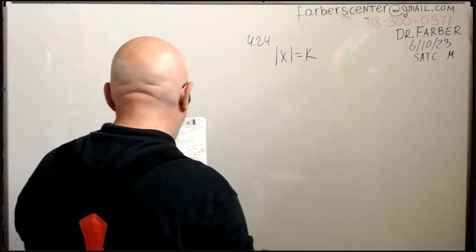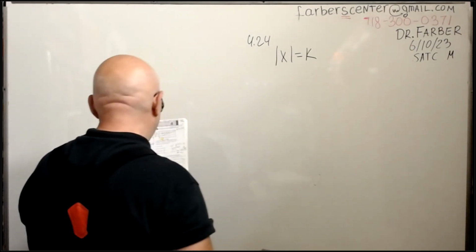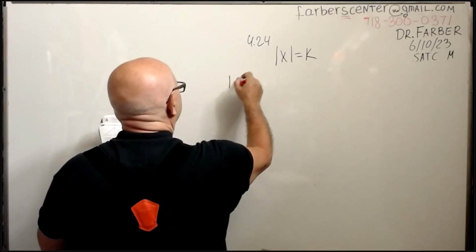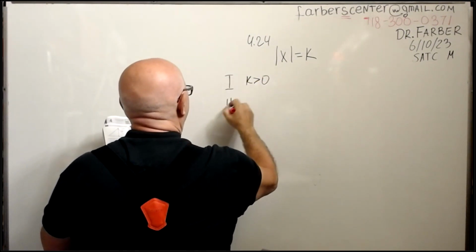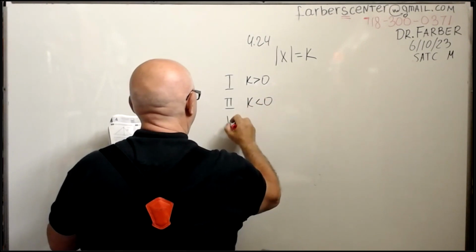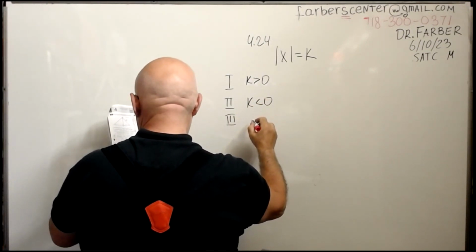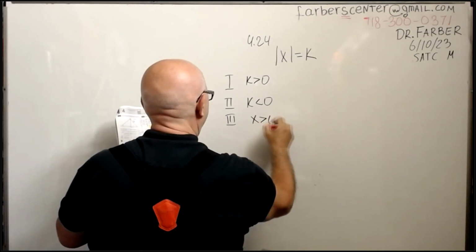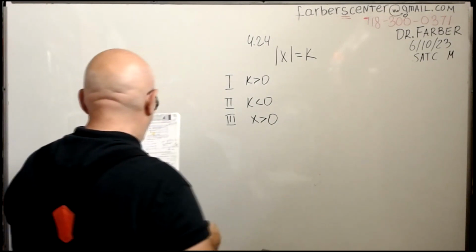If the equation above has a real solution set, which of the following must be true? 1, k is greater than 0. 2, k less than 0. 3, x is greater than 0.